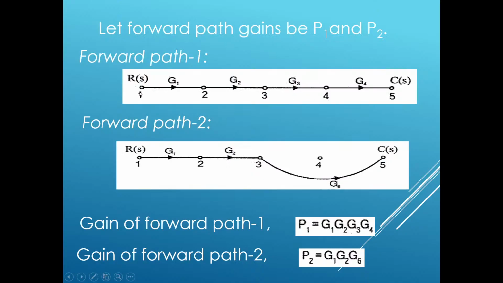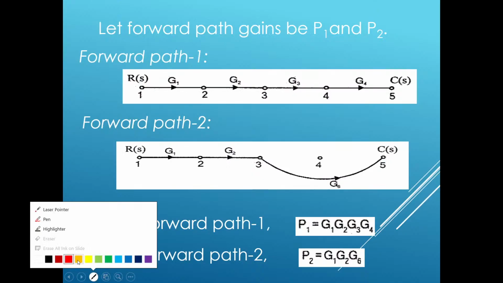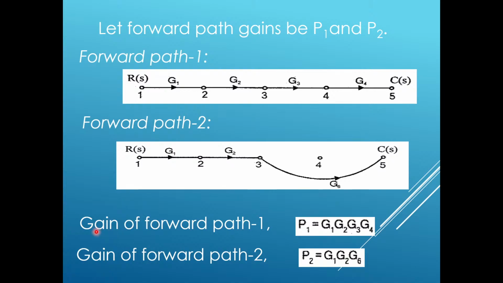See here, this is our forward path 1, this is forward path 2. So what is the gain of forward path 1? G1, G2, G3, G4. That's it. The notations for the forward path gains are P1 and P2.